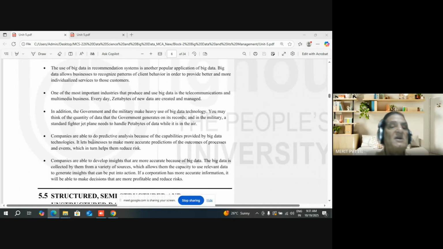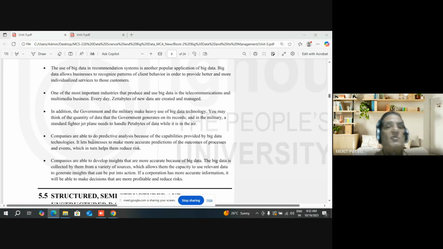You may think of the quantity of data that the government generates on its records, and in the military, a standard fighter jet plane needs to handle petabytes of data while it is in the air. That's because it has to take care that no enemy is able to see the aircraft going, and all these things.